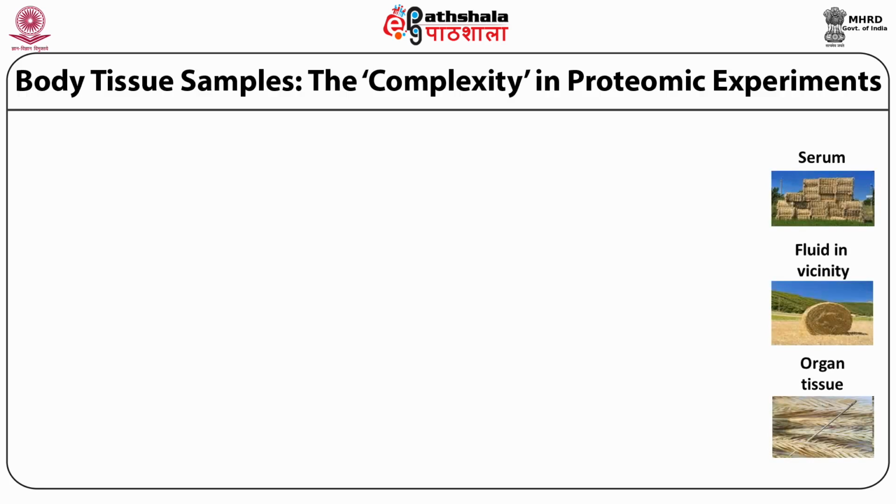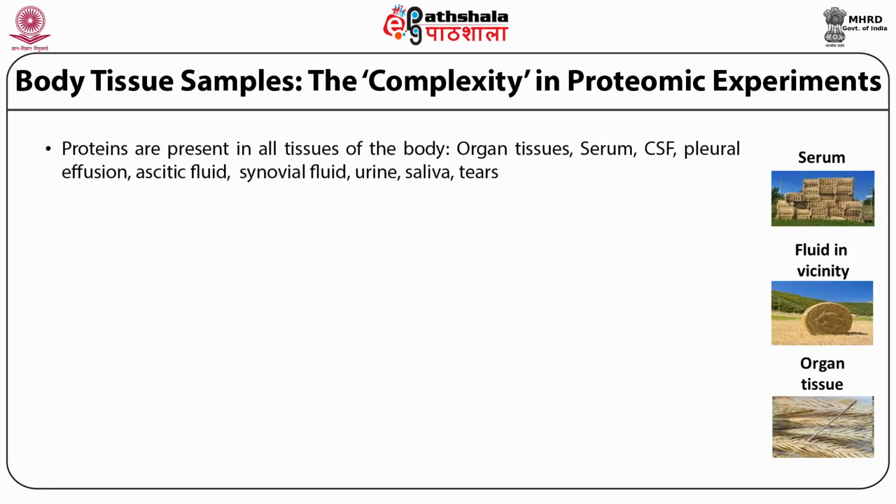Body tissue samples, the complexity in proteomic experiments. As we all know, proteins are present in all tissues of the body. They could be present in organ tissues, and they are present in serum, cerebrospinal fluid, pleural effusion, ascitic fluid, synovial fluid, urine, saliva, and even tears.